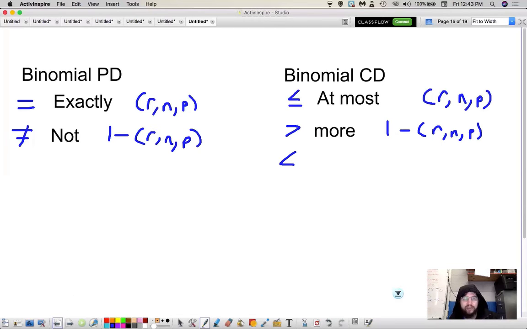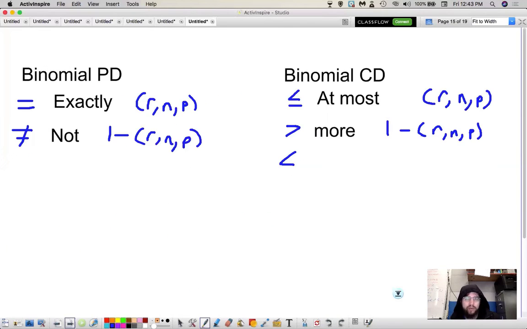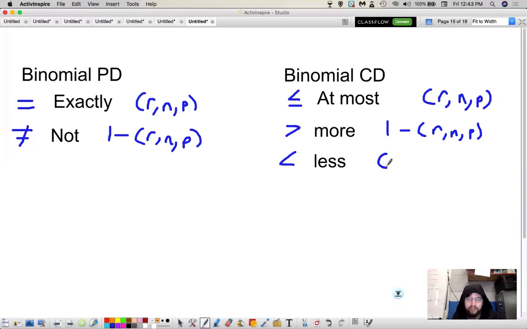So if we look at this one, it's 8. If it was less than 8, what's the very first number before 8? If we're doing natural numbers, that would be 7. So what we do is we take 1 away from R. Instead of R, we're going to type in R minus 1.